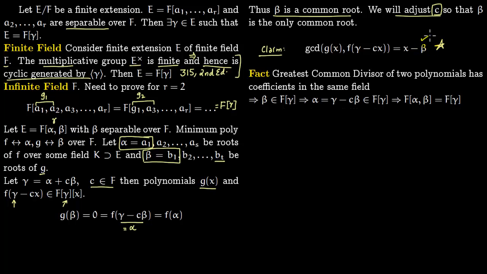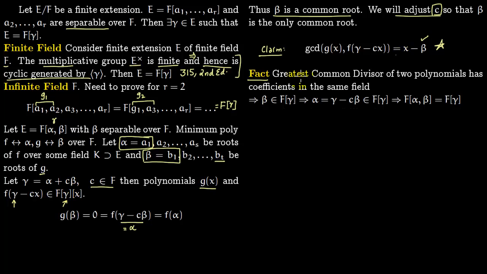Now suppose our claim holds, the greatest common divisor of g of x and f of gamma minus c of x is precisely x minus beta. Then we use the following fact. The greatest common divisor of two polynomials has coefficients in the same field. So g of x and f of gamma minus c x have coefficients in the field f of gamma.